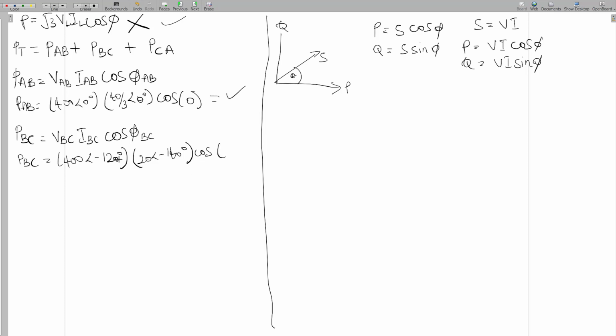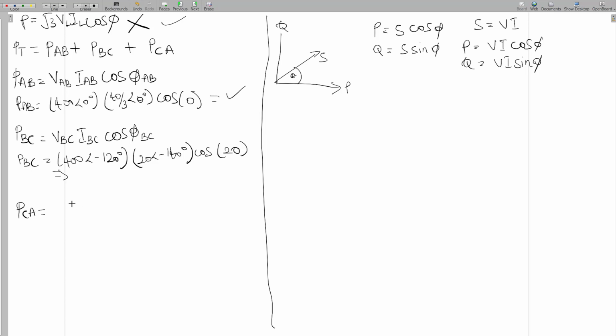This is 120, this is 140, so the difference is 20 degrees. So when you compute this, you should get the power at BC.